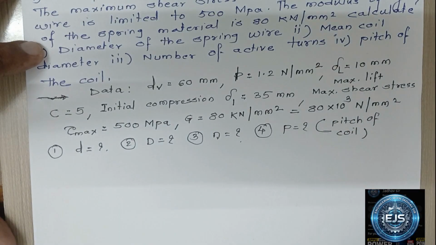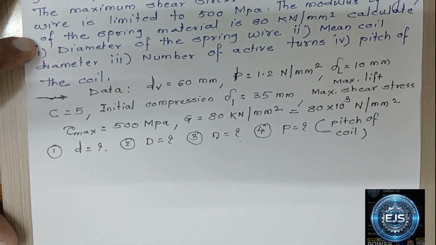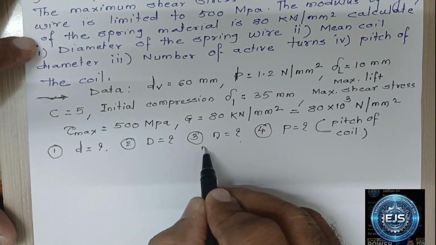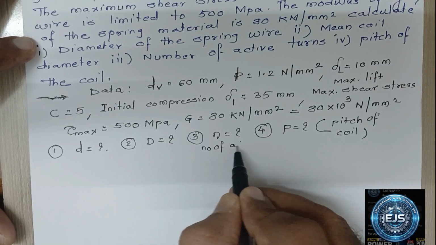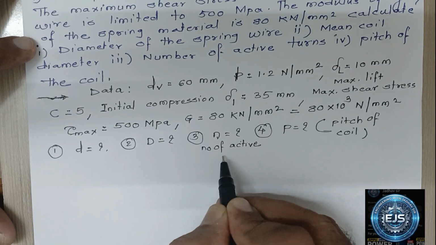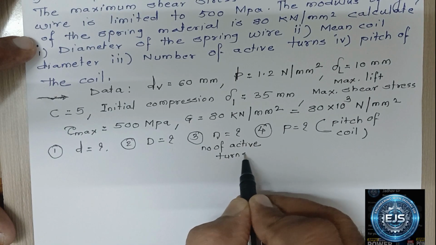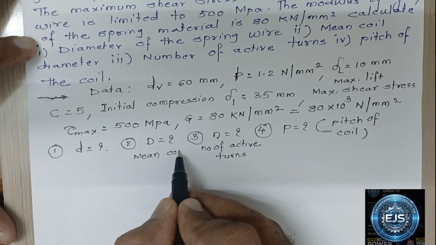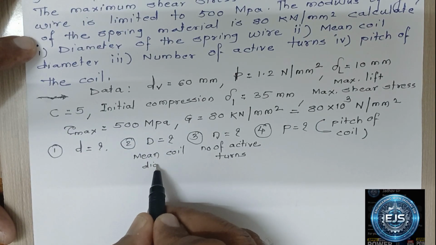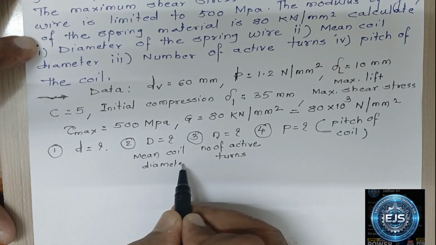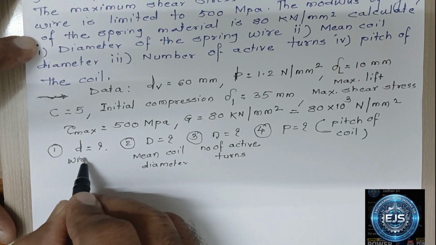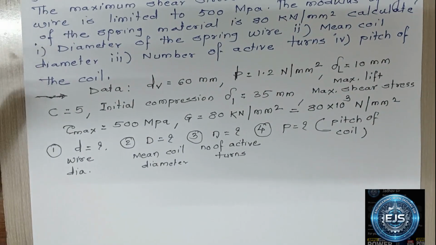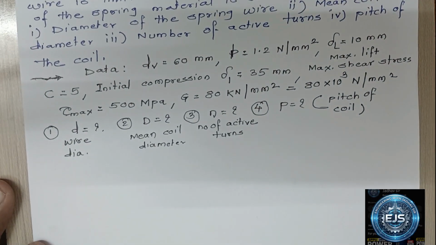Pitch मतलब distance between the point on one turn to the corresponding point on the adjacent turn is called as pitch. N is nothing but number of active turns. ये मीन कॉइल डायमीटर, दिस इज वायर डायमीटर. तो इस प्रॉब्लम के लिए हमें ये वैल्यूज फाइंड आउट करने हैं.